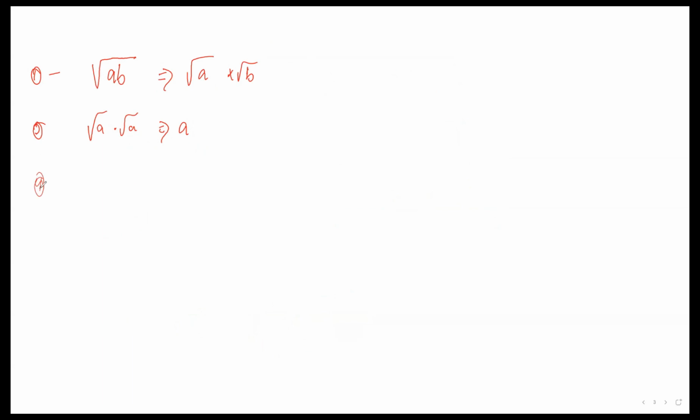Rule 3, which says if we have a root b times c root d, it is actually equal to the product ac root of the product bd, right?